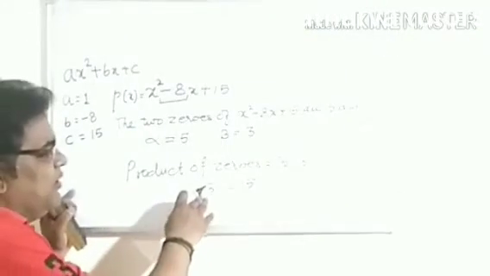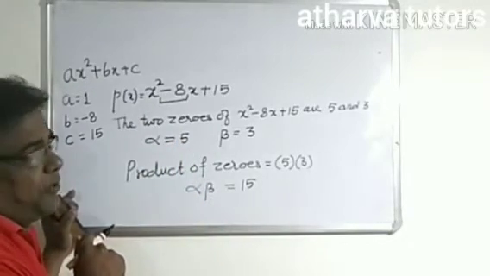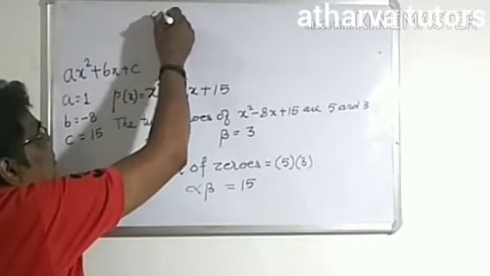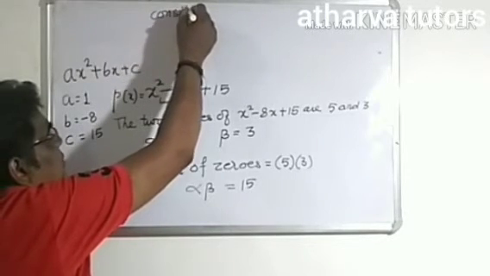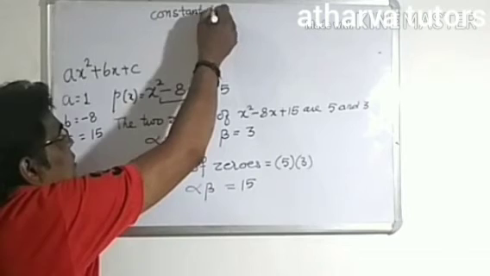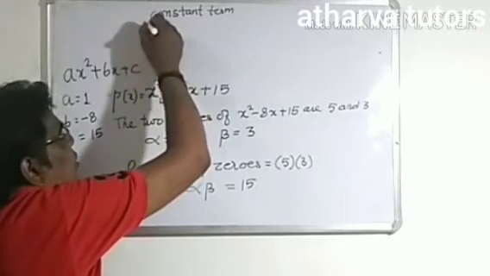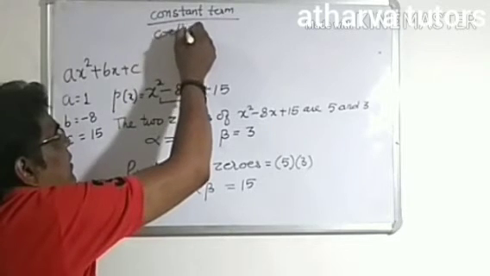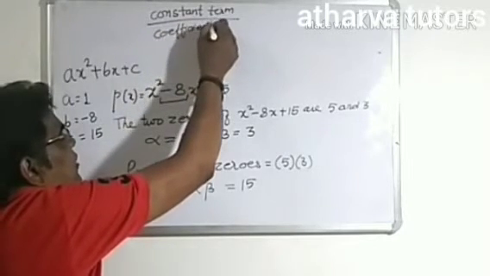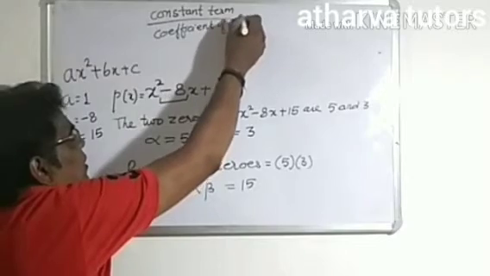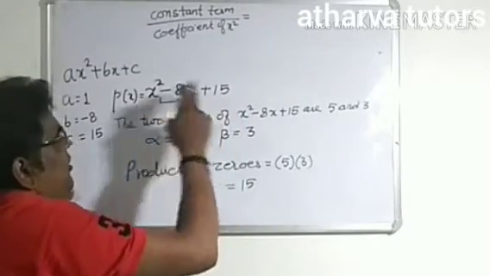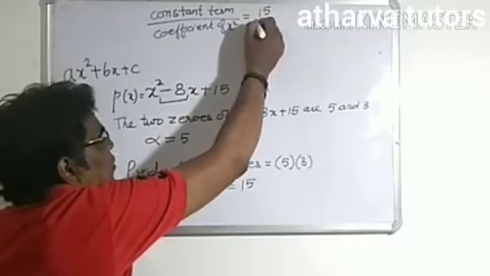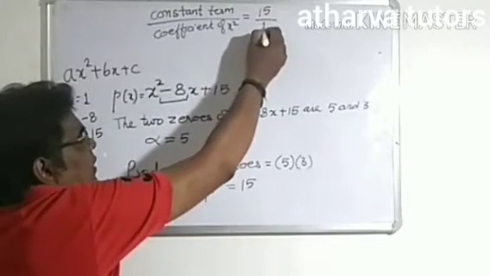Now let us find its relation with the coefficients. If I take the constant term upon the coefficient of x square, this constant term is 15 and the coefficient of x square is 1.